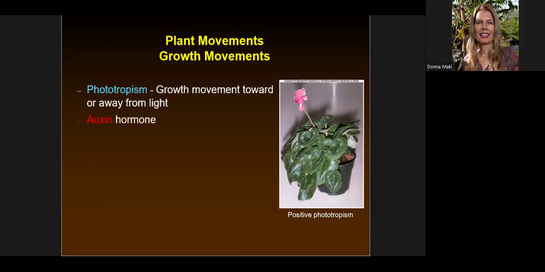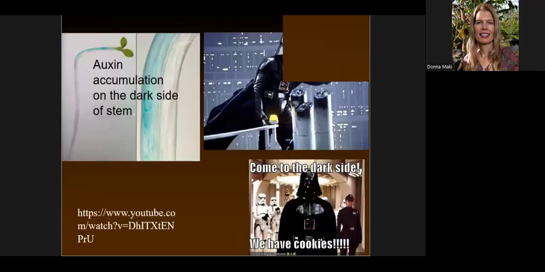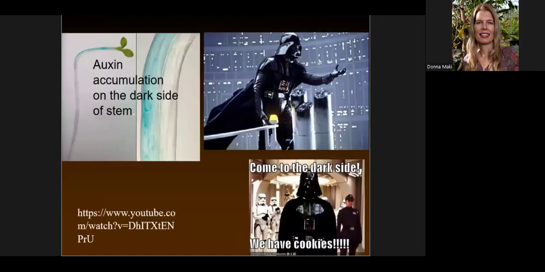So they discovered that phototropism happens due to the action of the auxin hormones. Auxins, we know, are generally produced in the shoot tips. And so they did an experiment with Arabidopsis plants, which are tiny little plants.